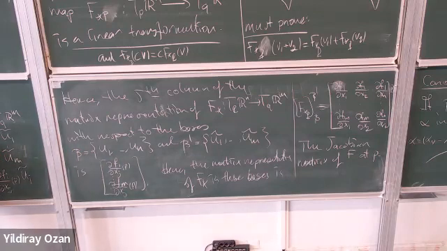I have m coordinates here. So this is u1 tilde, u2 tilde, um tilde.